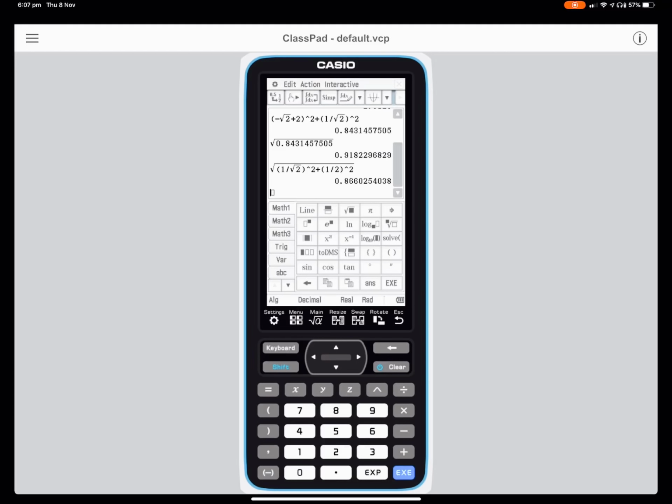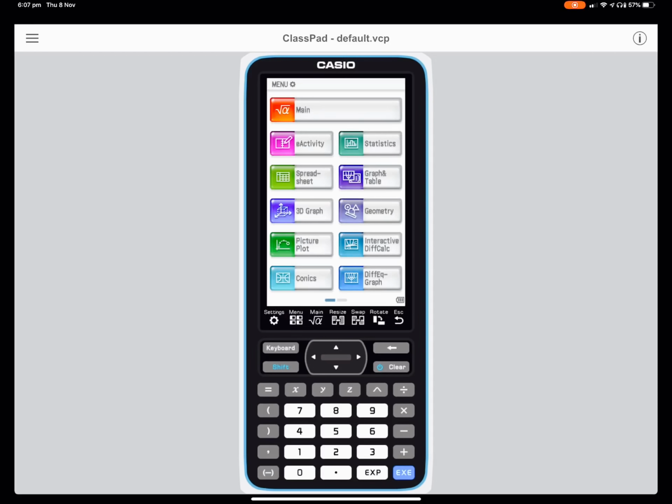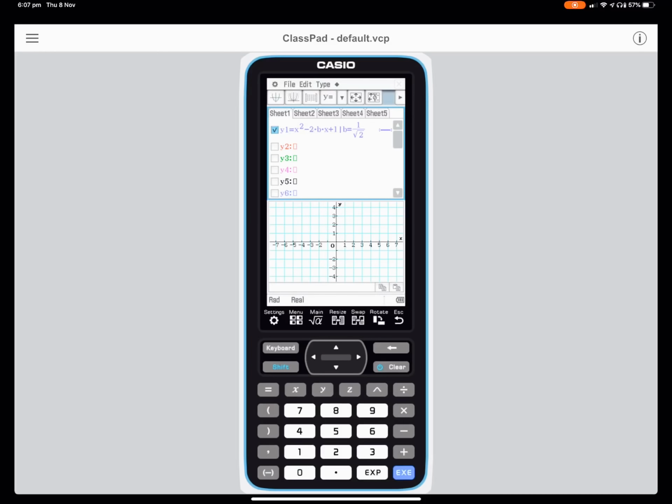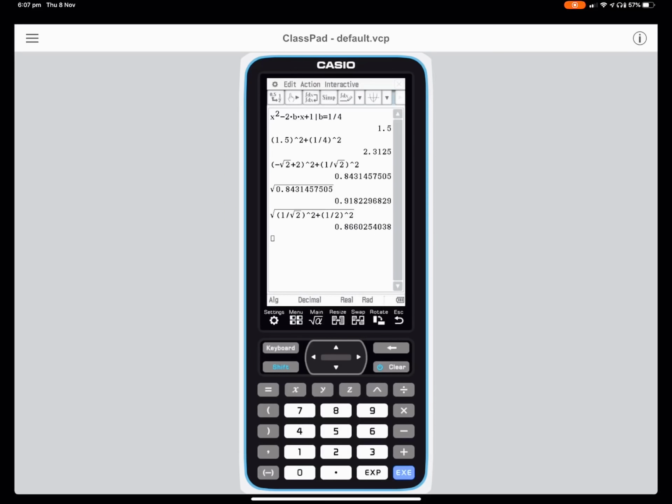What about a quarter? A quarter, 0.9375. 0.97. So I'm thinking 1 on root 2 and a half is our winner.